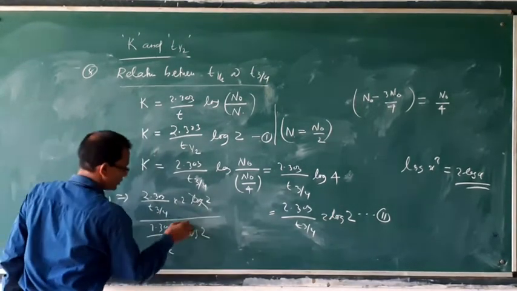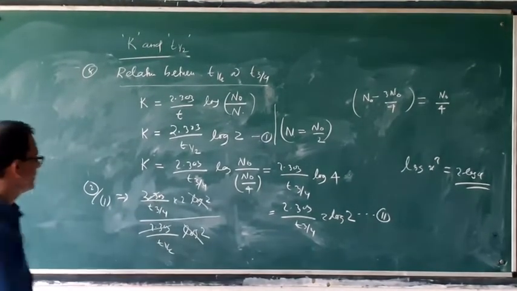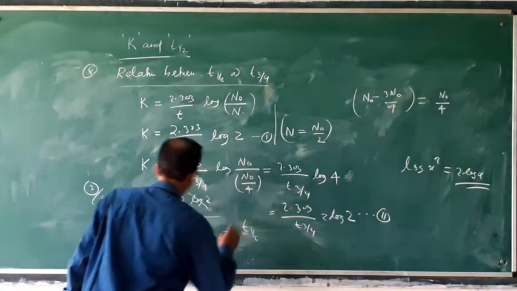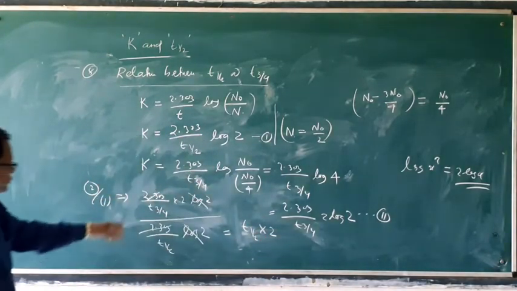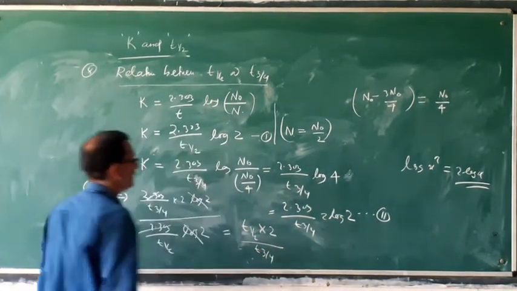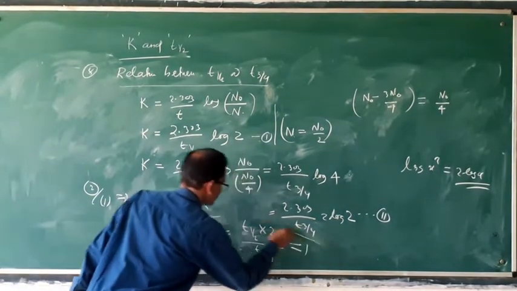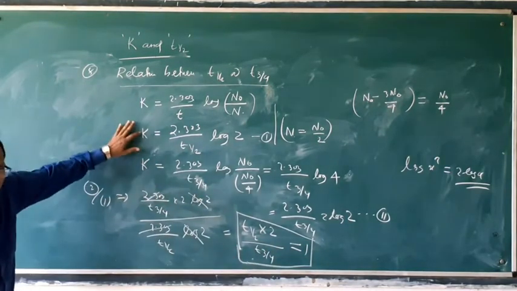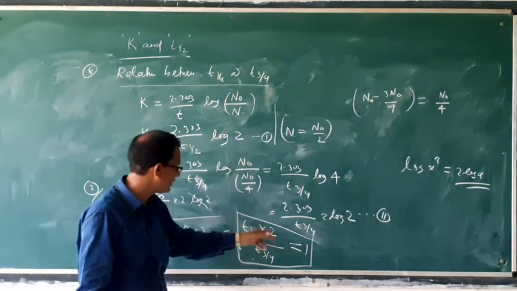So log 2 cancels and 2.303 cancels. Everything will be cancelled. On the left side, K by K is equal to 1, and on the right side, that is T half by 2 into T 3/4.